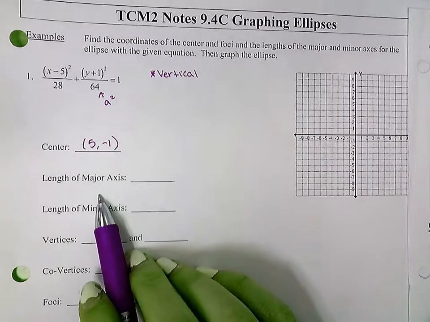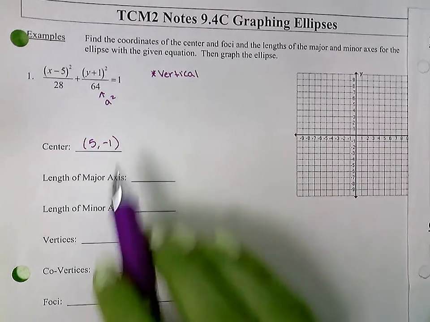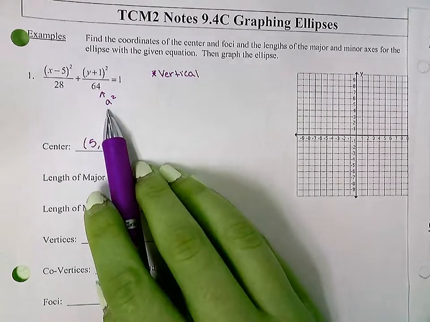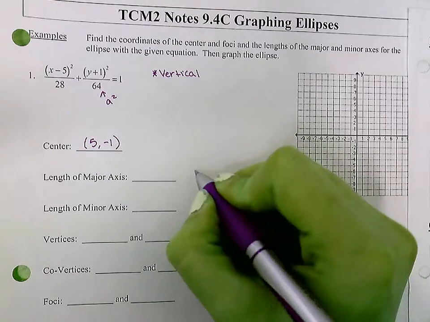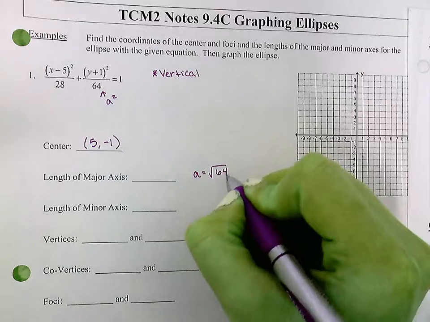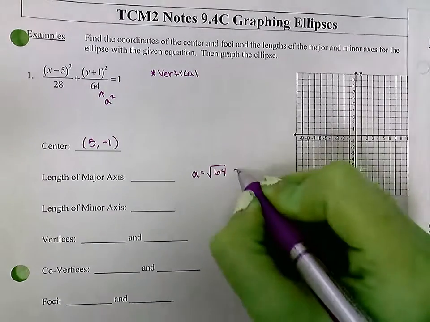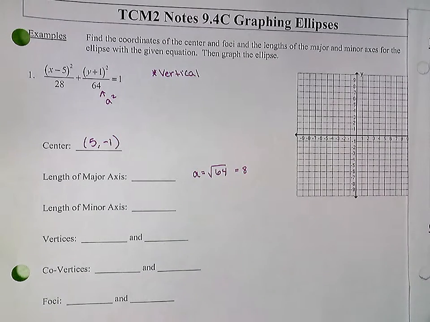To find the length of your major axis, you need to figure out what a is. Well, a squared is 64. So to find a, I'm going to take the square root of that value, which is 8.